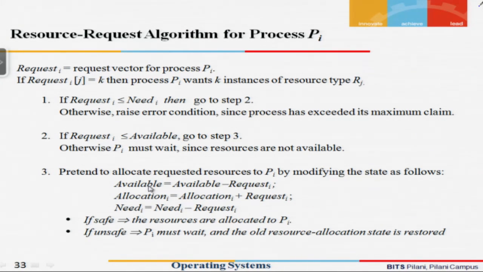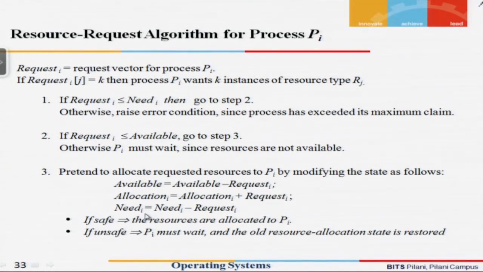So Available = Available - Request_i, as if the request is getting granted. When we grant the request, availability reduces and allocation increases.